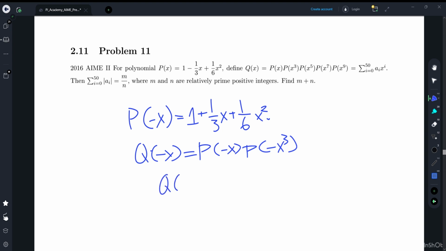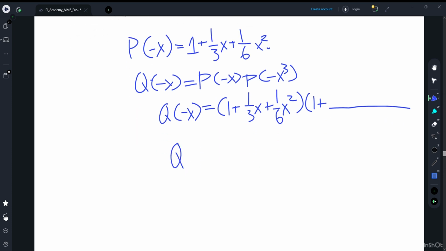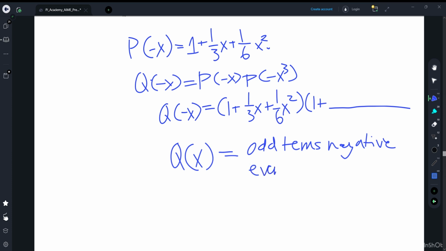So q(negative x) is equal to 1 plus 1/3 x plus 1/6 x squared, and then similar factors. But all these terms are positive coefficients. So we know that q(x) is going to have odd terms negative and even terms positive.